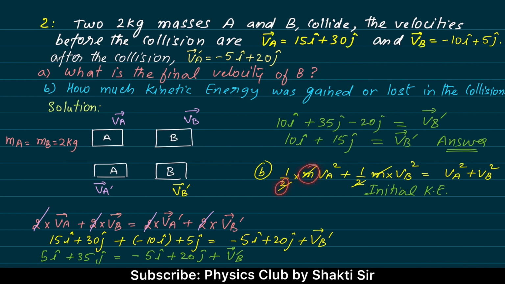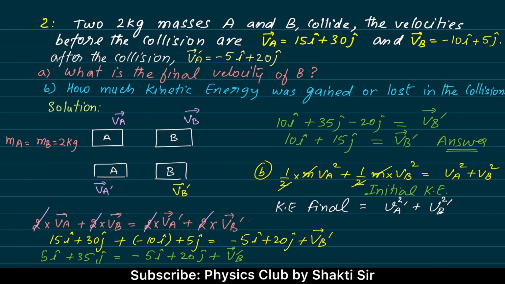Because mass is also 2 kg. So 2 and 2 cancel. Okay, so we have this situation. Similarly, we can calculate the final kinetic energy. In the same way, the final kinetic energy will be VA dash square plus VB dash square. This will be our final kinetic energy.